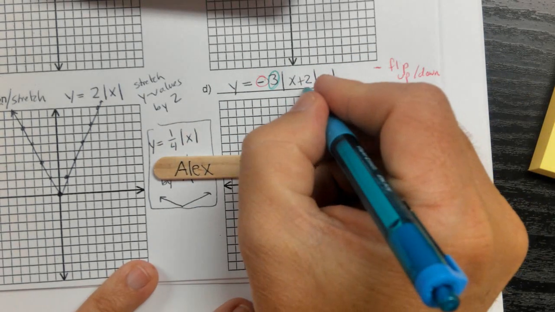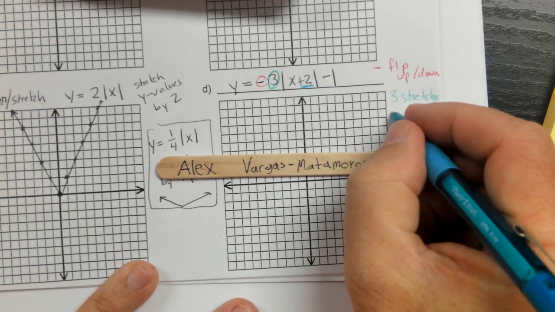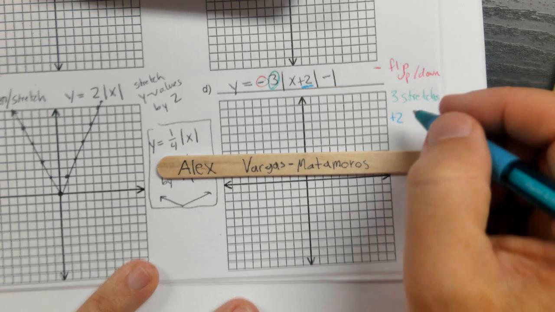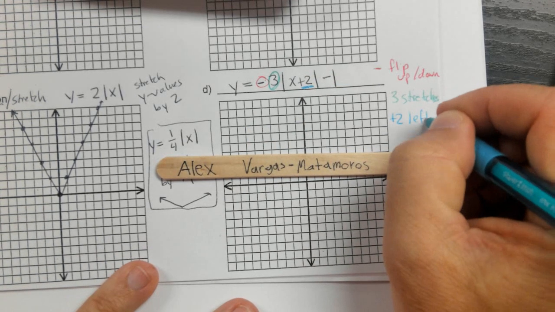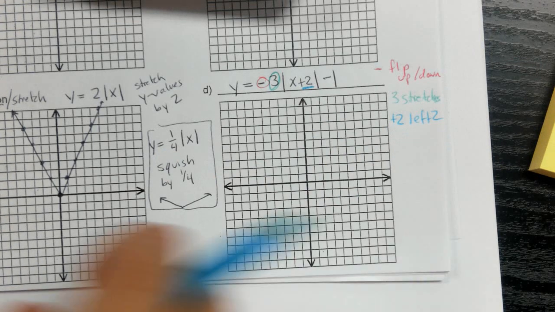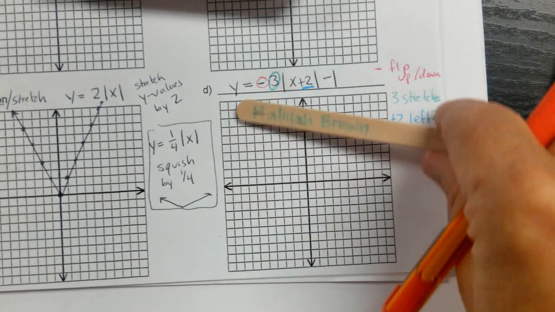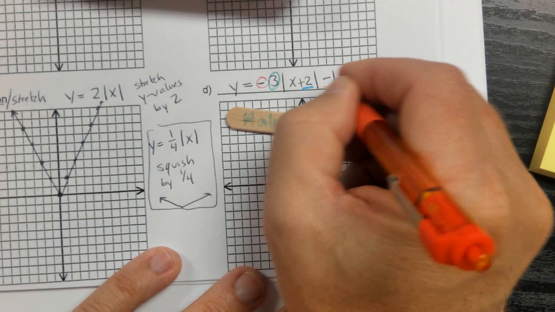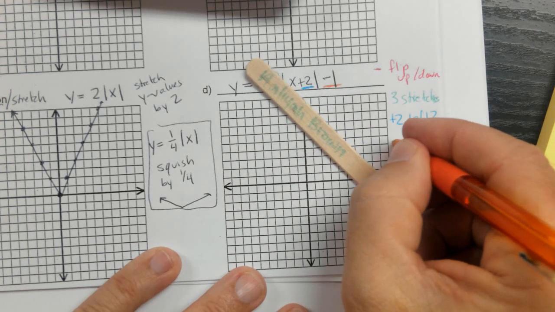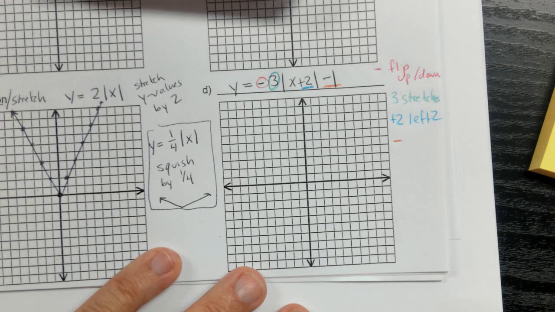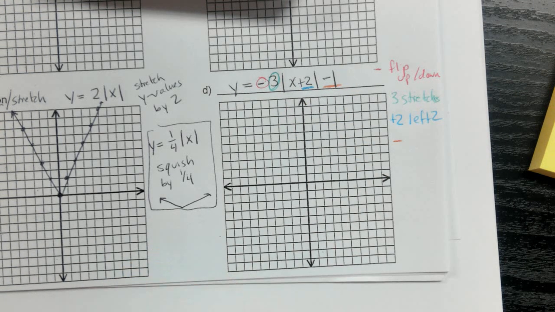What's the plus 2 do? Good. So that plus 2 will be left 2. And then lastly, Aaliyah, how about the minus 1? Okay. Can you just tell me what it's going to do to the graph, which way it's going to move it? Down 1.